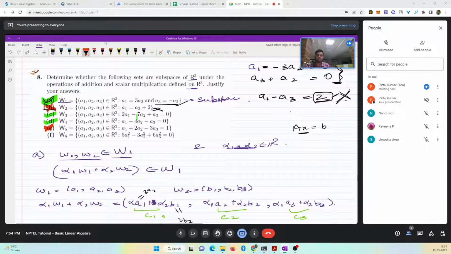Now in the last one you have non-linear terms associated, right? You have a1, a2, a3 square. Again this one would come out to be not a subspace. You can take an example to show this. Okay, so the answer is that A, C and D are subspaces and the other three are not.